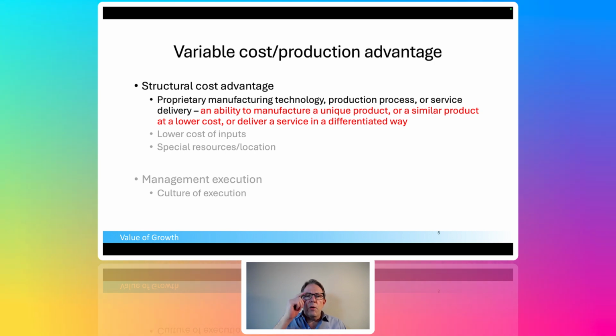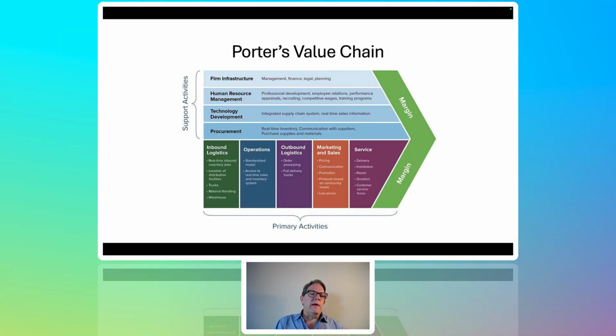All right. So proprietary manufacturing technology, production process, or service delivery is effectively an ability to manufacture a unique product, a product that nobody else has, or a similar product that other companies offer, but at a lower cost, or deliver a service in a differentiated way. That's the key source of that cost advantage.